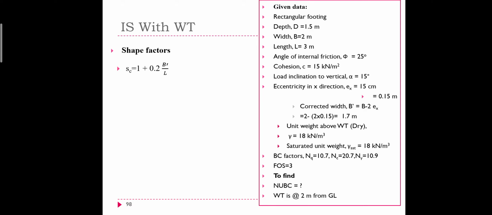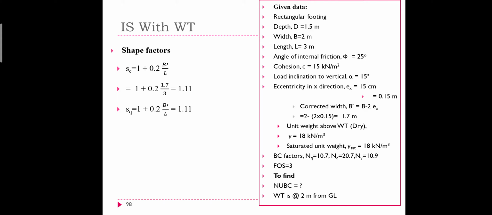Now we have to find the shape factors. What are the shape factors? Sc, Sq, S gamma. Sc is 1 plus 0.2 B dash by L for a rectangular footing. And what is B dash? We found 1.7 by 3. So 1 plus 0.2 into 1.7 by 3 is equal to 1.11.